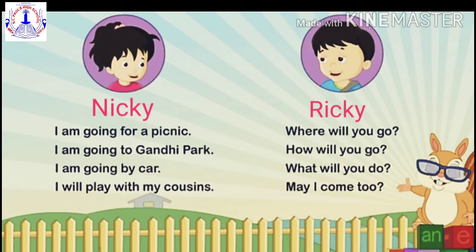So children, what types of sentences do we find here? Yes, right. We find declarative sentences said by Nikki and interrogative sentences asked by Ricky. That's good. Now let's try to identify all 4 types of sentences in the following examples.